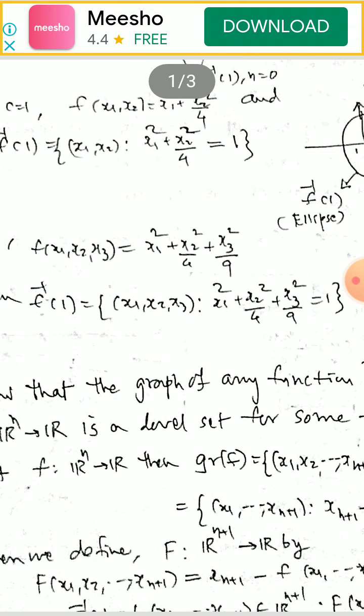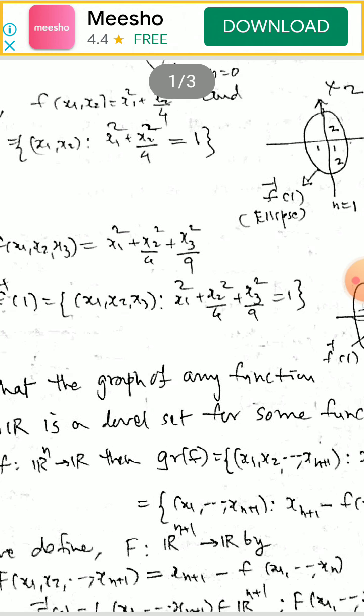Now this will be in R3, this will be a solid figure. In R2, you get the curves in the plane, and in R, you get points. See the difference. So f inverse 1 is the set of all x1, x2, x3 where x1 square, that is upon 1 square, plus x2 square upon 4 plus x3 square upon 9 is equal to 1. This is the equation of the solid known as ellipsoid.